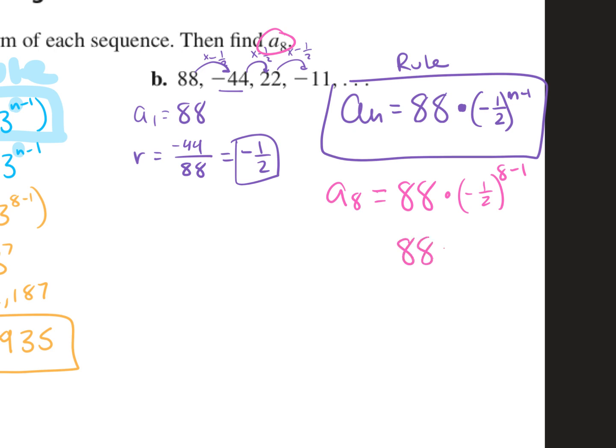So we have 88 times negative 1/2 to the power of 7. So this would be 88 times. Now we need to do negative 1/2 to the power of 7 in our calculator. So that would be negative 1 over 128.